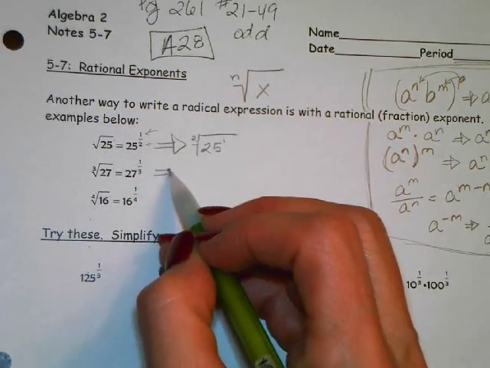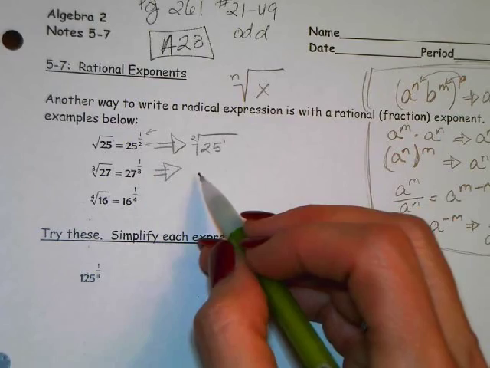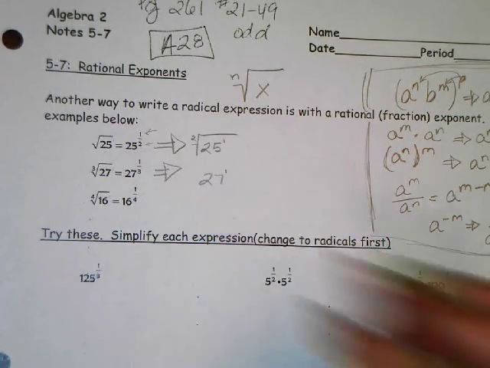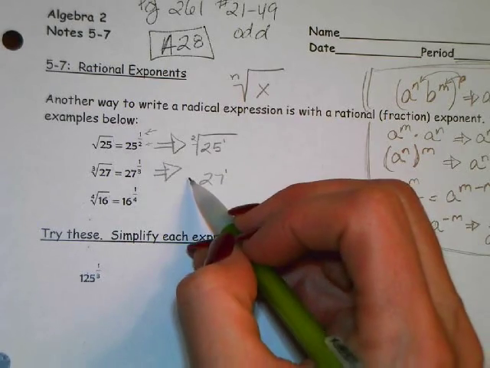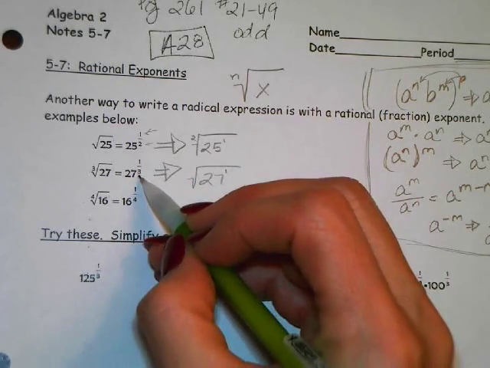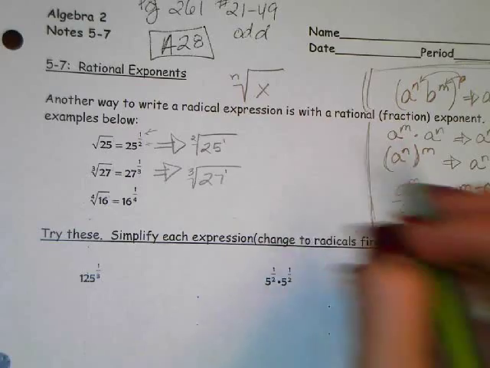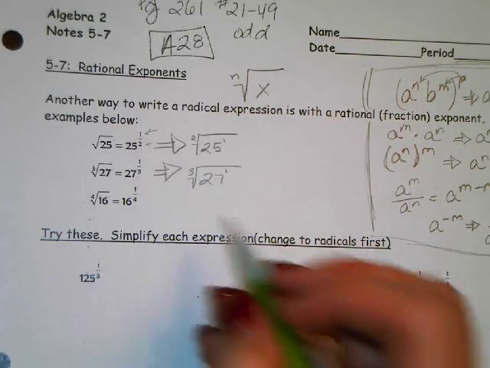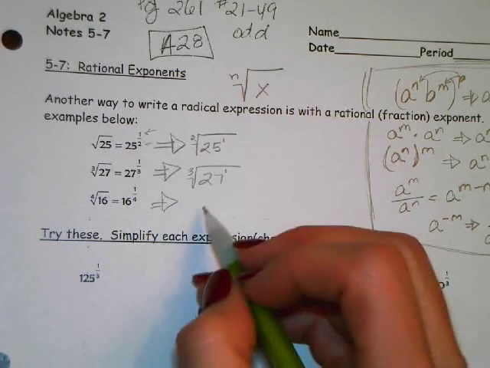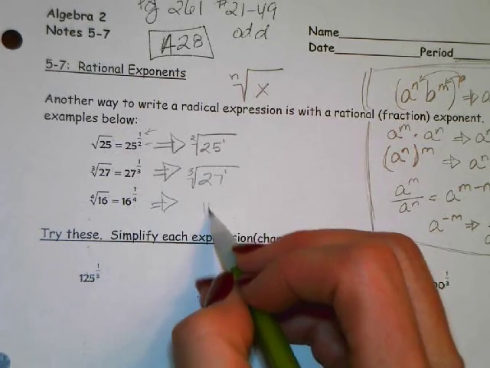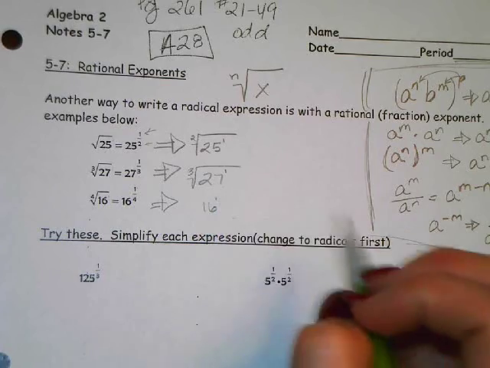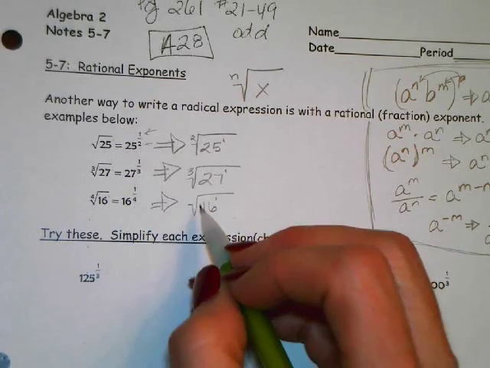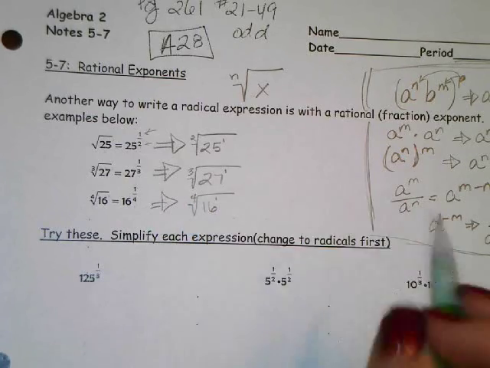If I do 27 to the 1/3, I have the 27, the 1 again is the exponent of my radicand, and then I do the radical sign, and the denominator is my index outside. So this is really saying the cube root of 27. And on the bottom one, same thing. It's going to be 16. The numerator is the exponent of the radicand, and then I do the radical sign, and the 4 becomes my index.